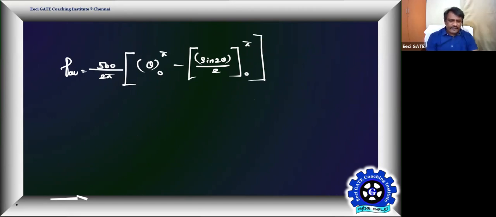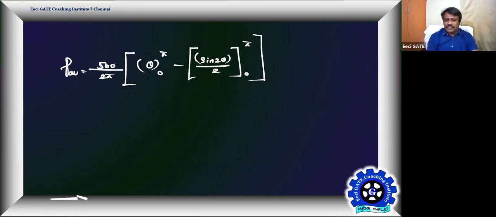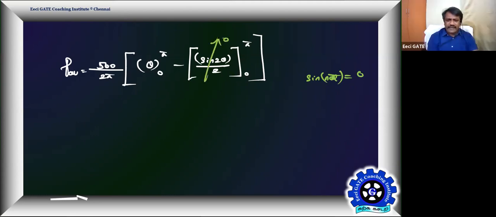Then when you substitute the limit for your sine n theta, what is the resultant? Sine n pi is always equal to 0. So where theta equals pi, it is sine n pi, which is always 0. Therefore this will never yield any result.